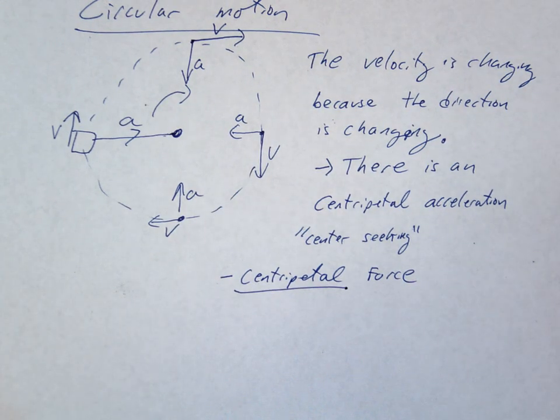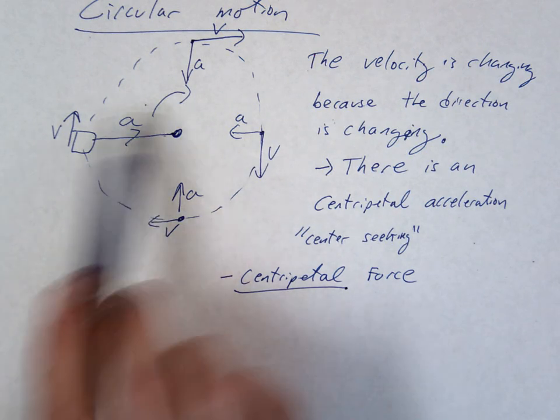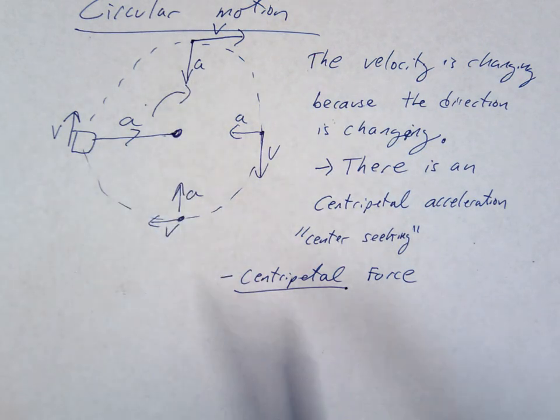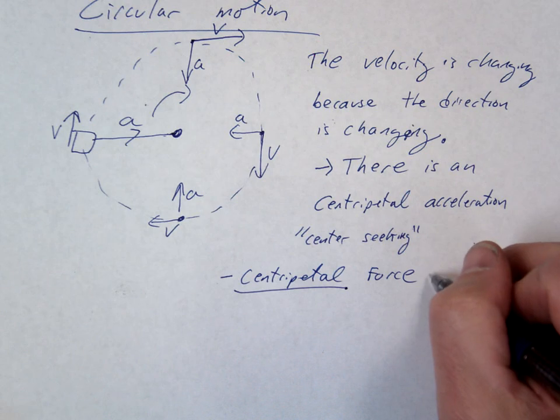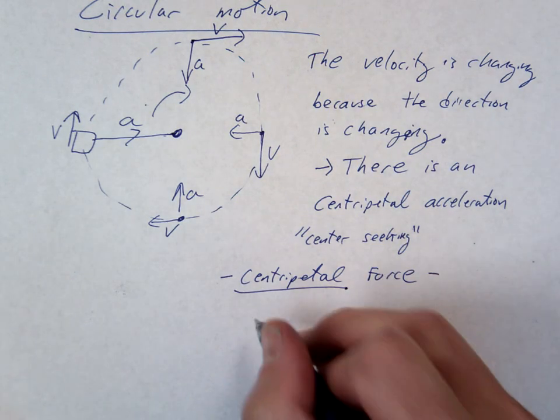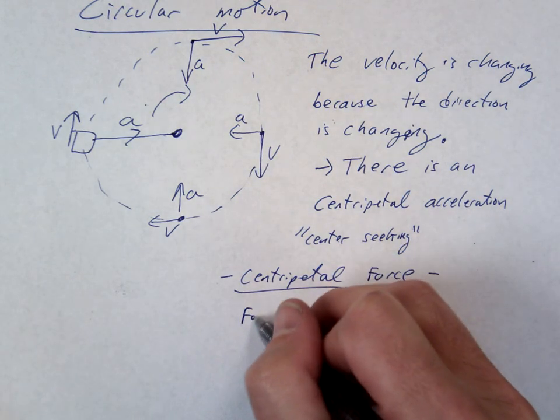Because if we know F equals ma, if there's an a, there must be an F somewhere. And in this case, the force comes from the tension in the string. So we call this a centripetal force, the center seeking force towards the center.